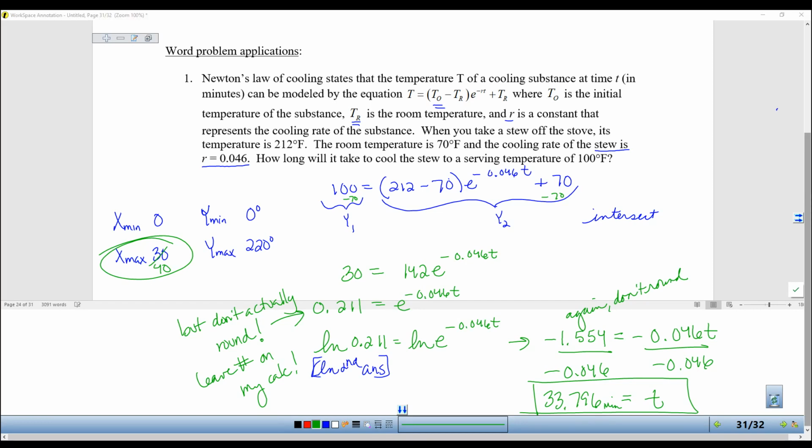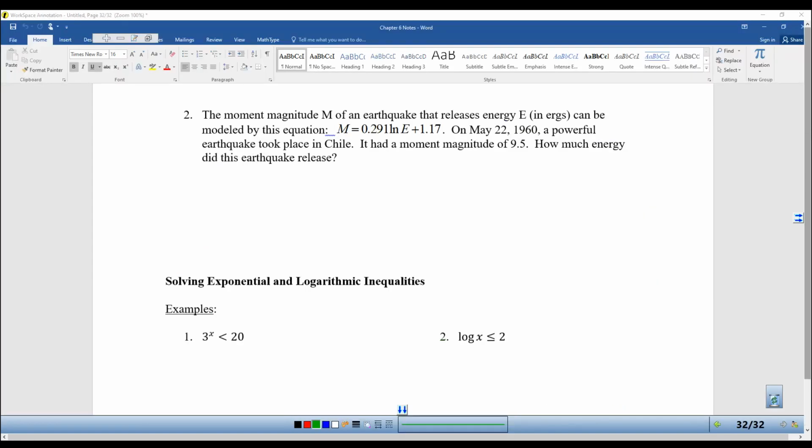All right, next word problem. The moment magnitude m of an earthquake that releases energy E in ergs can be modeled by the given equation. On May 22nd, 1960, a powerful earthquake took place in Chile. It had a moment magnitude of 9.5. How much energy did this earthquake release? So it's mostly knowing where to put things.